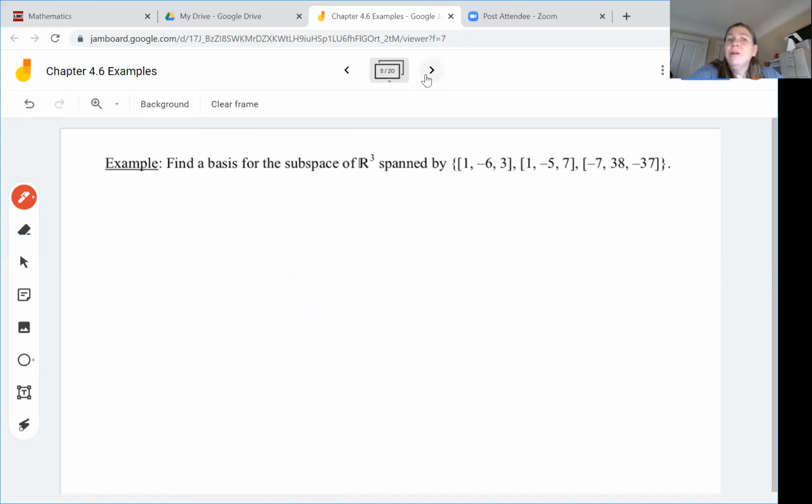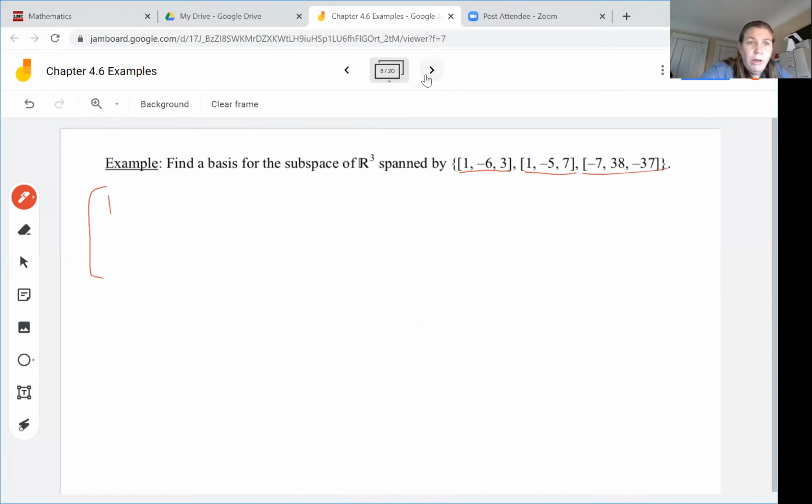In this example, we are going to find a basis for the subspace of R3 that's spanned by these three vectors: 1, negative 6, 3; 1, negative 5, 7; and negative 7, 38, negative 37. My first move is to put these into a matrix.